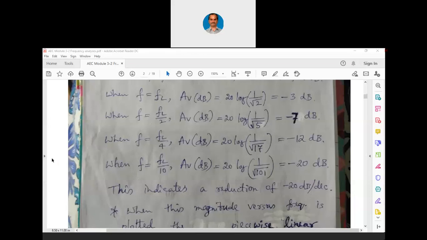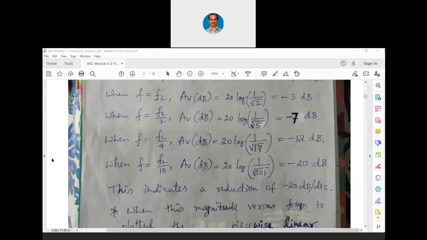Now, please recall, we had seen that for a first order RC circuit or a first order equation, the roll-off factor was minus 20 dB, which we had discussed earlier. How that minus 20 dB is obtained, the proof is in front of you.